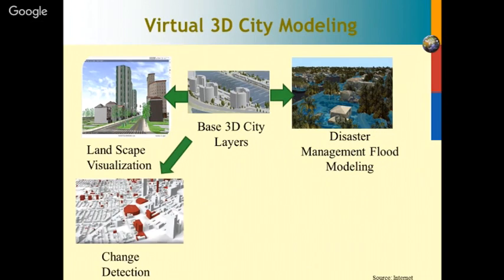There are also ways to find out change detection in 3D spaces. If any area is getting converted into a new area, or redevelopment happens in specific zones, we can identify exactly which areas and how much change has happened in those locations. This helps in different ways.